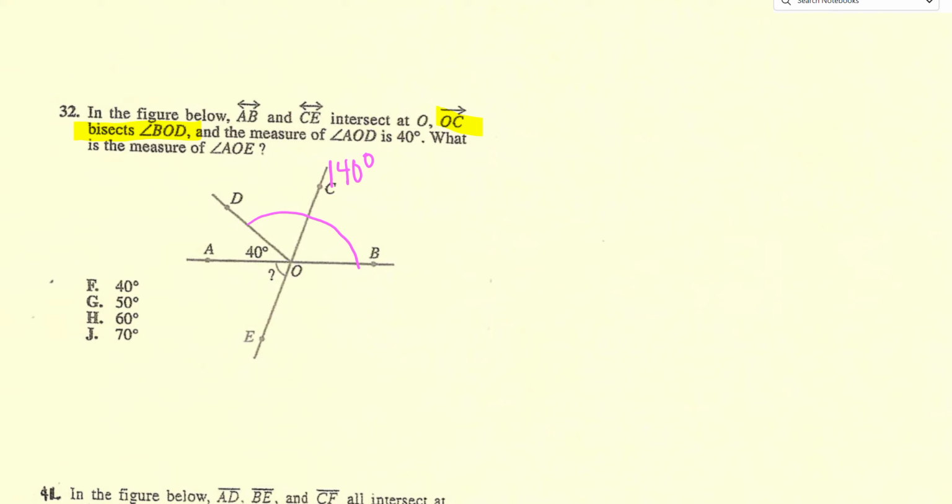So if 140 is the whole thing, each of these would have to be 70 degrees. Then remember what we said about vertical angles. Vertical angles, V up. That V's with that. And they are equal. So if that's 70, that's 70. And my answer is J.